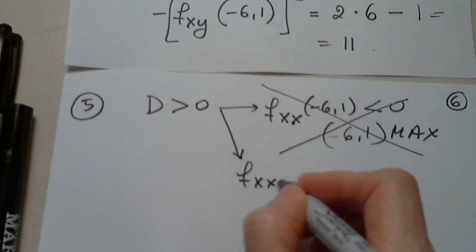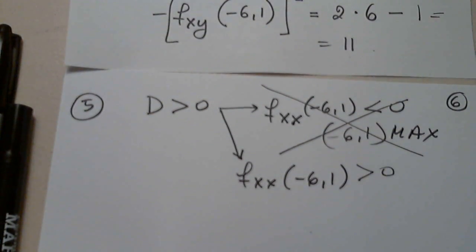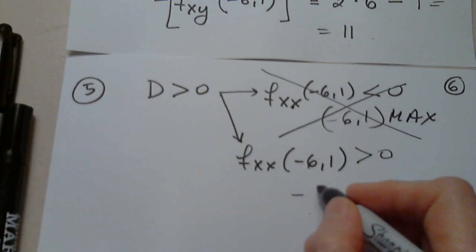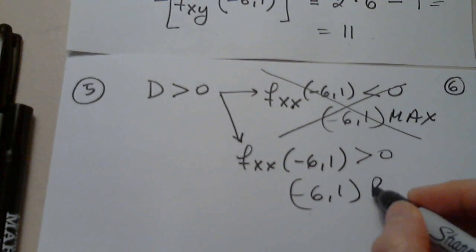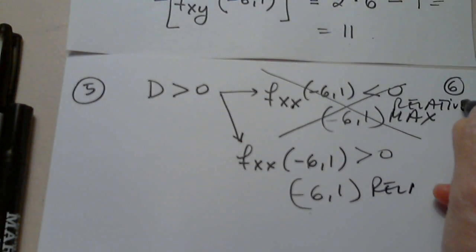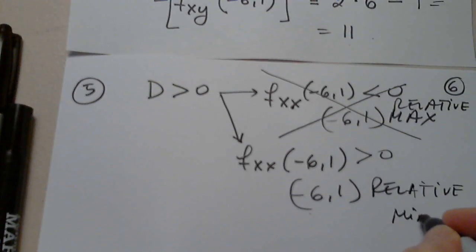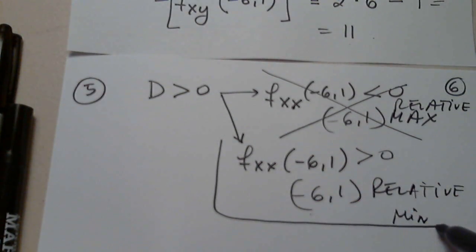If fxx at negative 6 comma 1 is positive, then negative 6 comma 1 is a relative minimum. And this is our case.